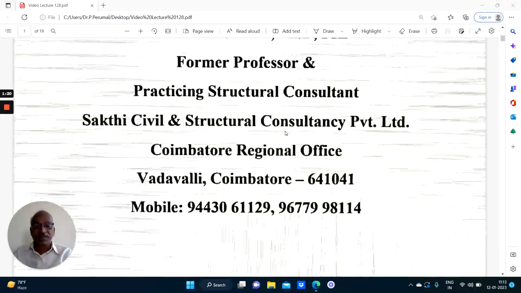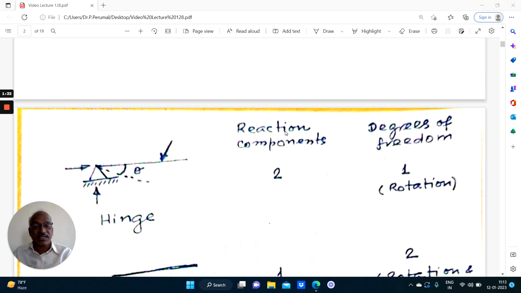Coming to this lecture, in the last lecture 128, we discussed the basics of equations of equilibrium, reaction components, degrees of freedom, etc., which I don't want to repeat, but I'll just rush through.